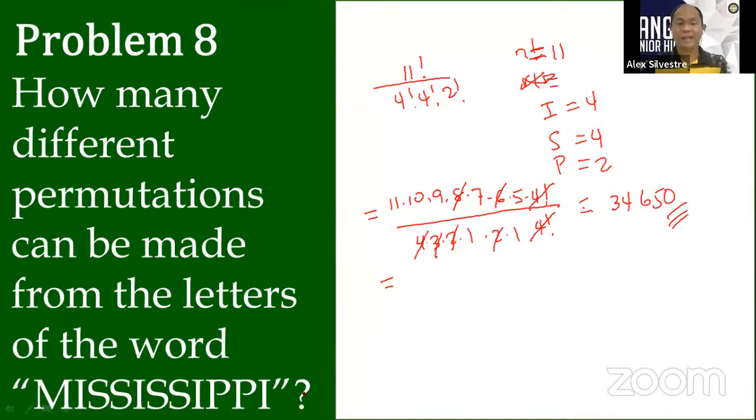Ito guys, gagamitin nyo lang if there is a repetition of letters. Ito yung nasa concept in that given problem natin. Nakukuha po ba ito? Dito sa problem number 8? Ayan. So, nakuha nila Stacy, nila Margaret.